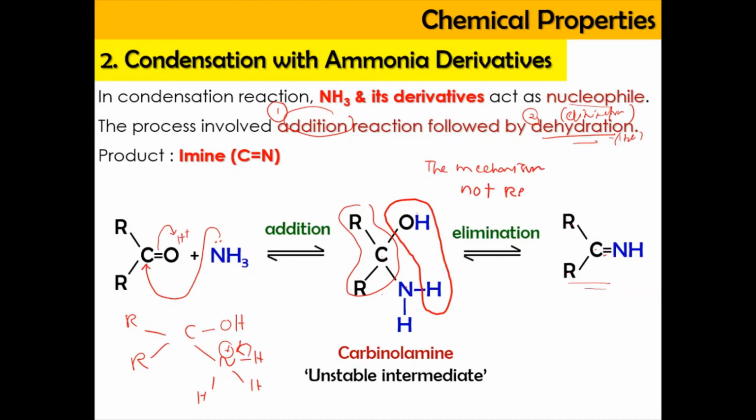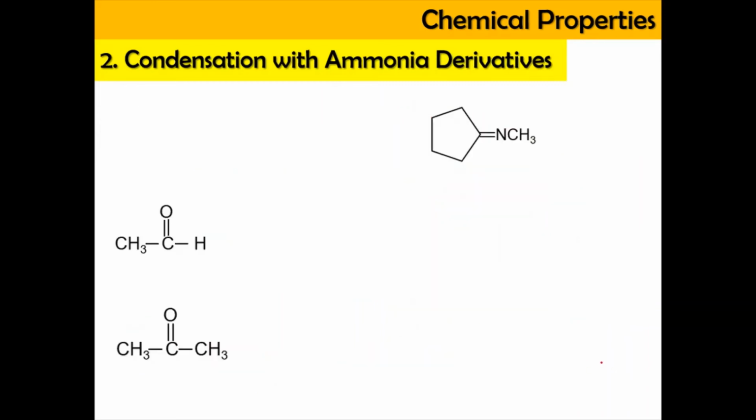The mechanism is not required to be shown during the exam. Okay, not required. So it is just for your understanding. Okay, and this is going to produce a product of imine. And what we're going to eliminate is water, which is OH and H.